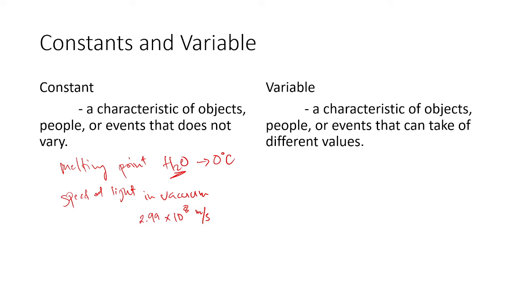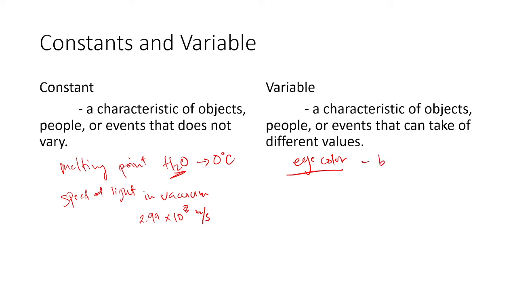And when it comes to variables, these are characteristics of object or people or events that can take different values. By values, it may differ being quantitative or qualitative, which we will discuss later. So, halimbawa, eye color. Okay. This is a variable. Why? Because it can take different values.